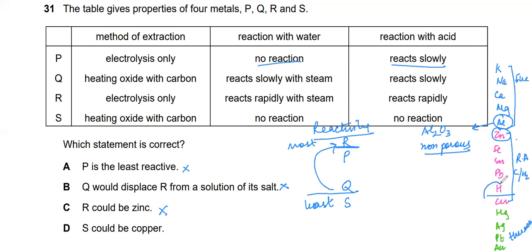So yes, this could be copper. Copper could be S. So that is a correct statement on the basis of the observations and details they have given us, and it definitely matches our knowledge. So yes, the answer for question number 31 is D.